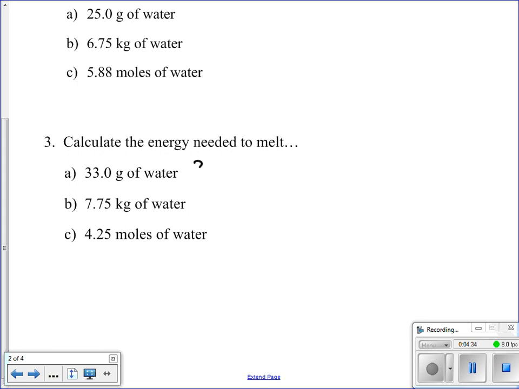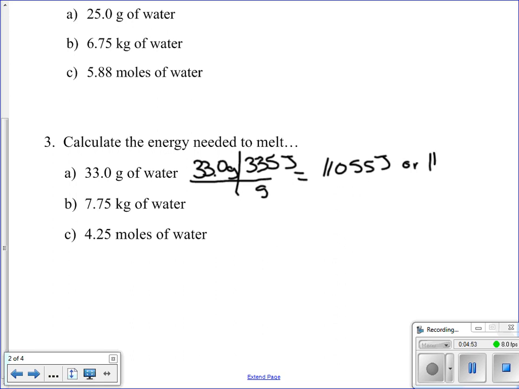We're going to take our 33 grams of water, and we're going to multiply it by 335 joules per gram. This would be 11.055 kilojoules.